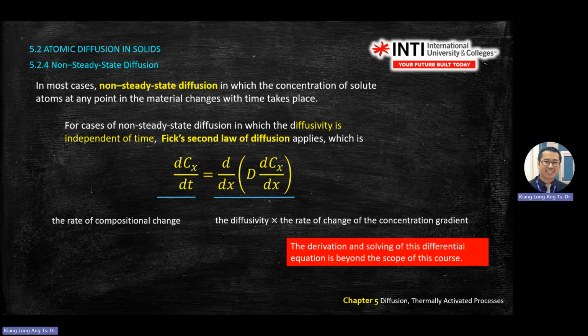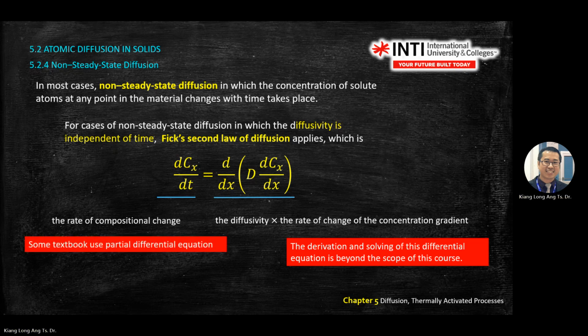Now this equation only applies when the question doesn't ask you to compare steady states. For steady state, you apply J equals minus D dC over dx. After that, you do the same, you differentiate the concentration in x direction. Now some textbooks use partial differential, but actually it's the same.